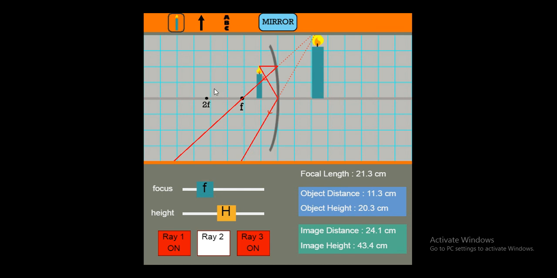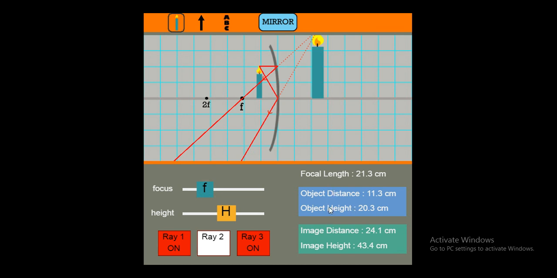After drawing this ray diagram, you name the features of this image. This image is upright, which means erect, and also larger than the object.